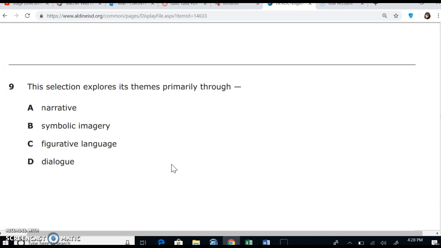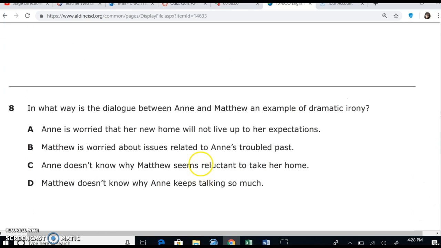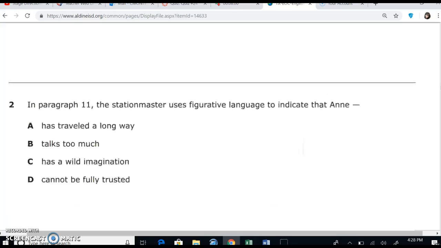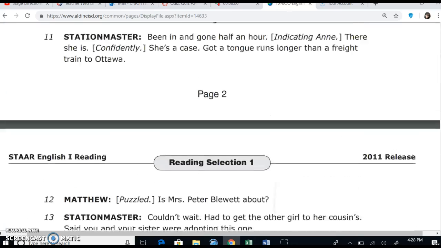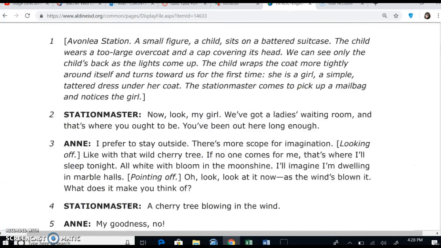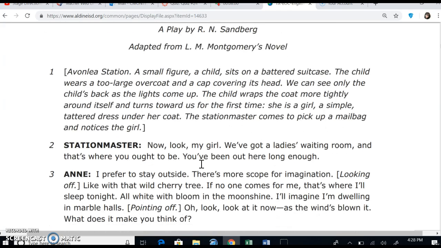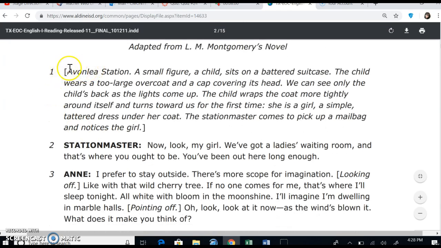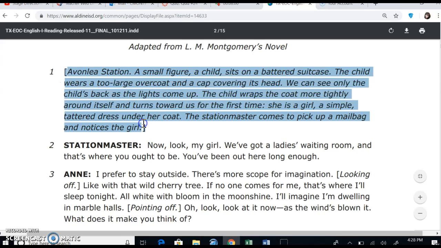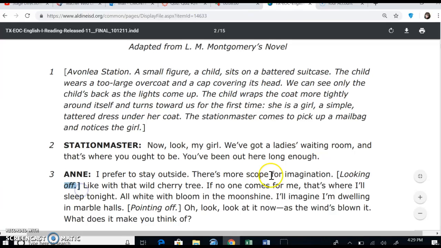Okay, so you're going to have 20 minutes to read the play by yourself. This is not a group activity. You're going to be doing this by yourself. So you're going to read the play. What helps a lot too is if you highlight all the stage directions. So like right here, you would also highlight this. These are the stage directions.